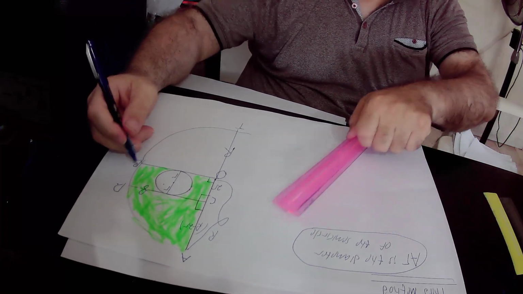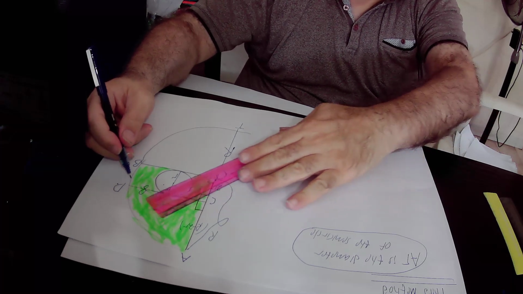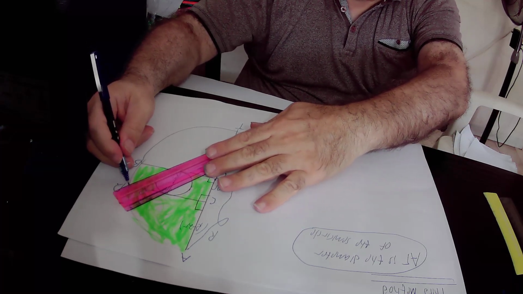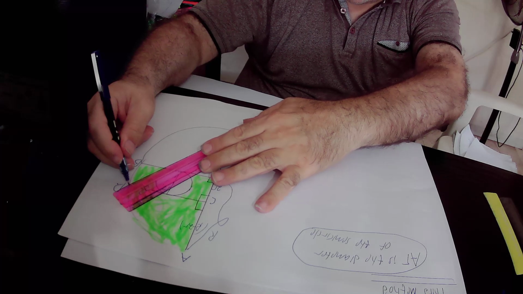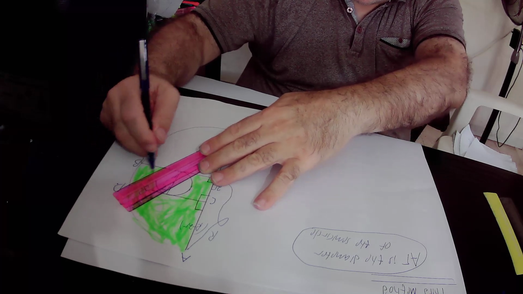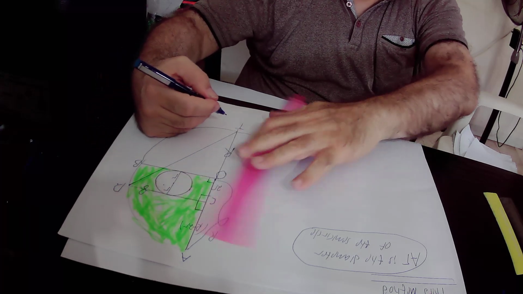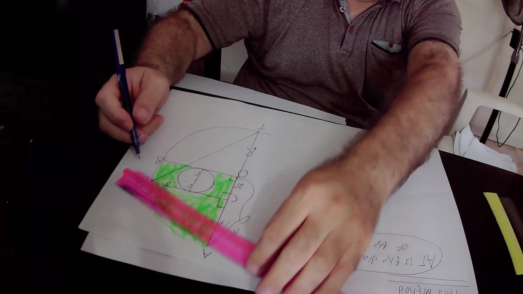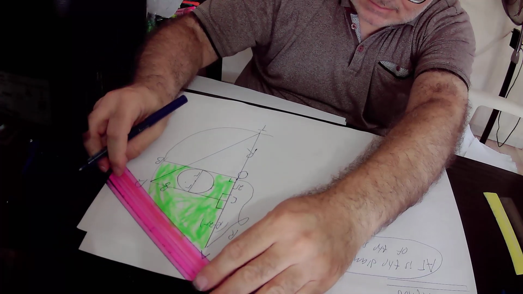In the next step, we'll join points D and T together by a straight line. We'll also join points D and A together by a straight line.